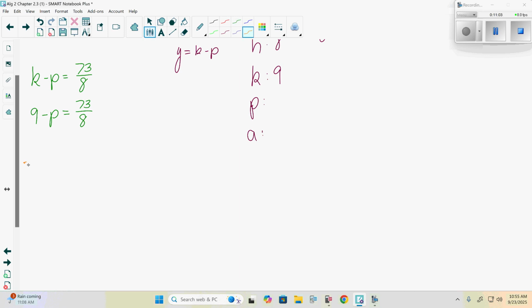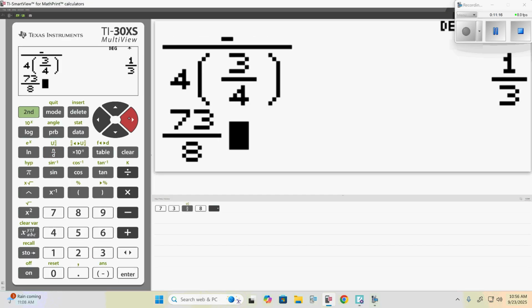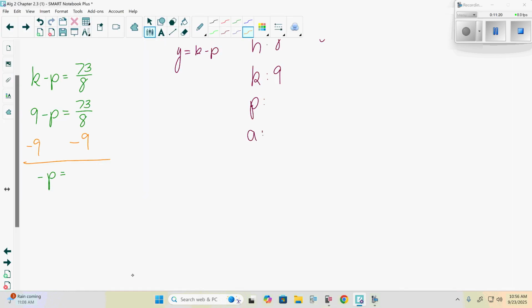So what do we need to do first? Minus 9 from both sides, telling us that negative p is equal to, well, 73 over 8 minus 9 is positive 1/8. Well, we can't stop there because we don't have p equals a number, we have negative p.